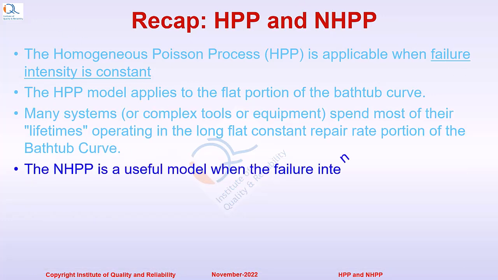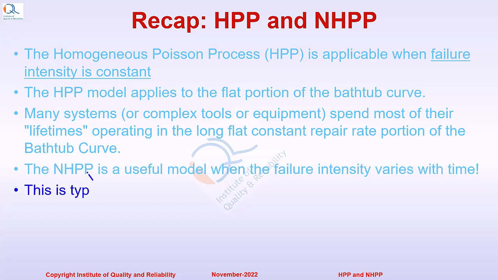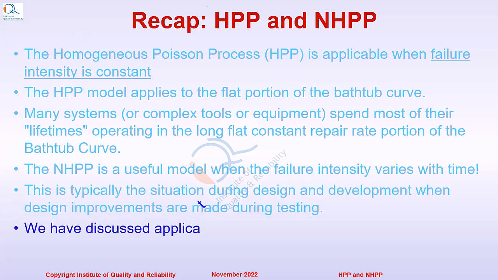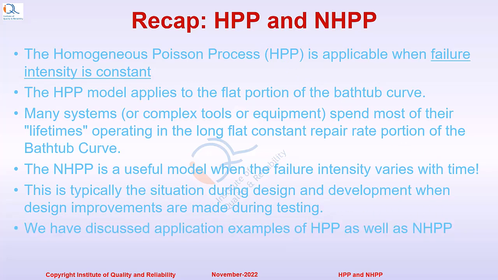The non-homogeneous Poisson process, or NHPP, is a useful model when failure intensity varies with time. This is typically the situation during design and development when design improvements are made during testing. We have also discussed application examples of HPP as well as NHPP process.